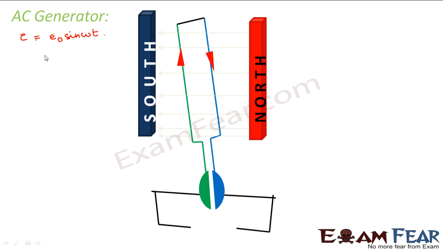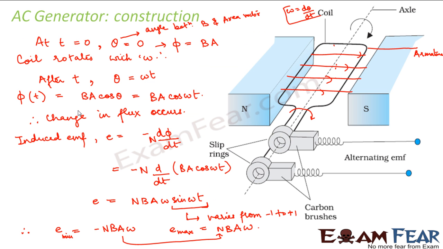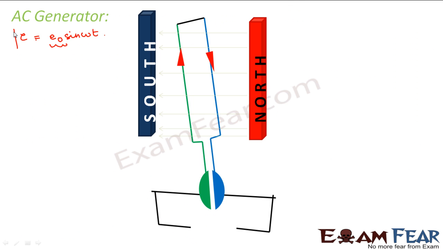What is E naught? E naught represents the value nBA omega. So we see that the induced EMF produced would be a sine function. When omega t is equal to 0, it is 0.